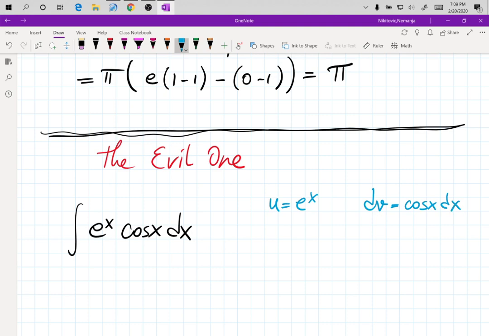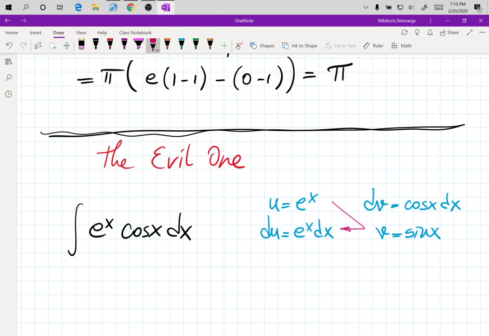So here is the setup. We can use the other way as well. And the du equals what? E to the x dx, yes, keep talking, good. And what's my v? I heard sin x. Sine x.